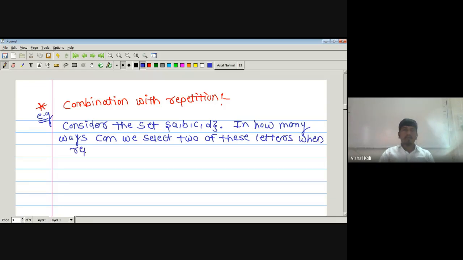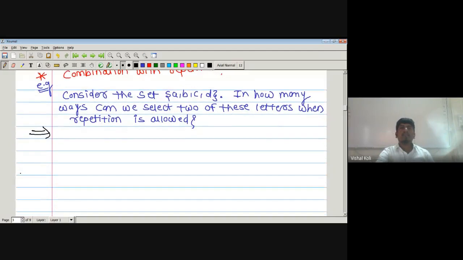Here we have to find the number of such ways. As a set which contains four elements is given, we have to find the number of ways we can select two letters from these four letters when repetition is allowed.